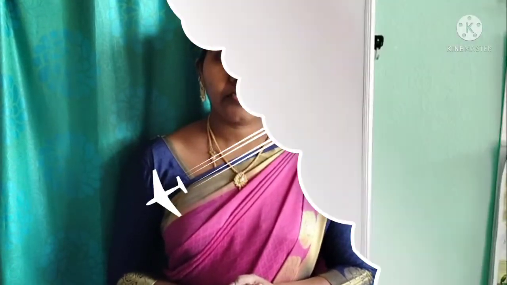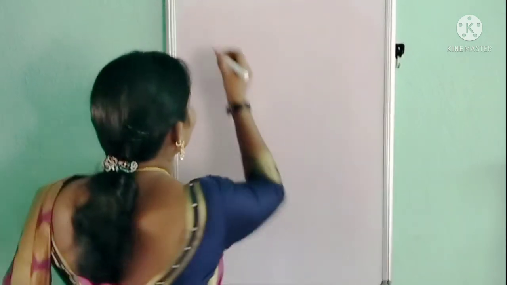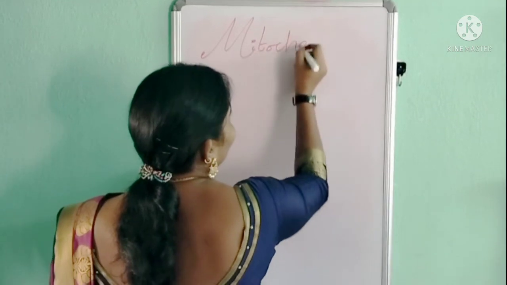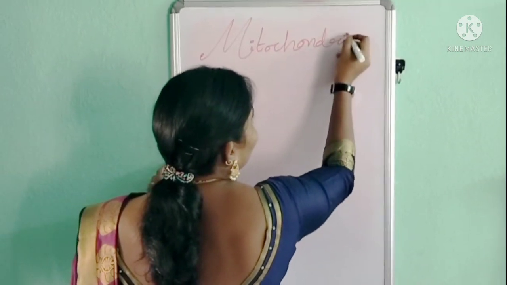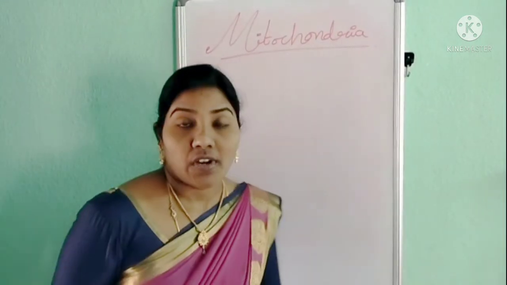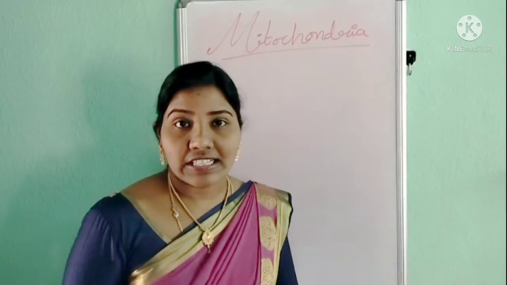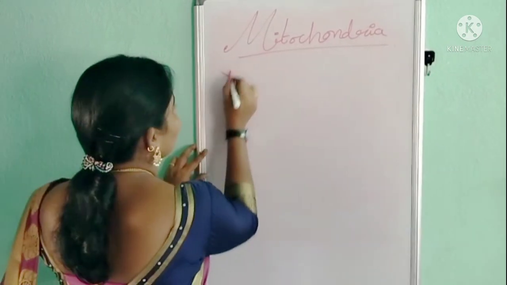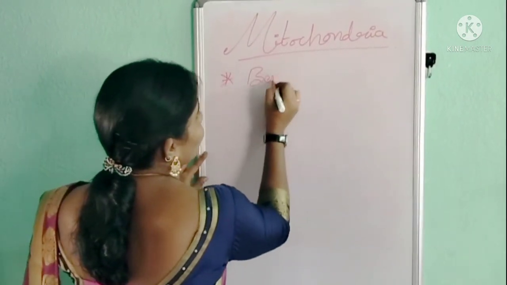So, students, let's come to know about the structure of mitochondria. We are going to learn about the structure of mitochondria. The word mitochondria was coined by the scientist Benda.